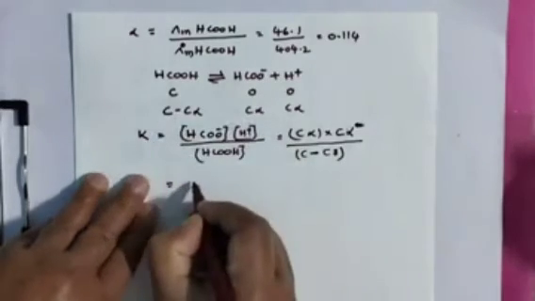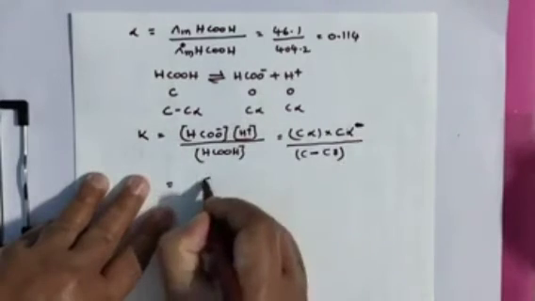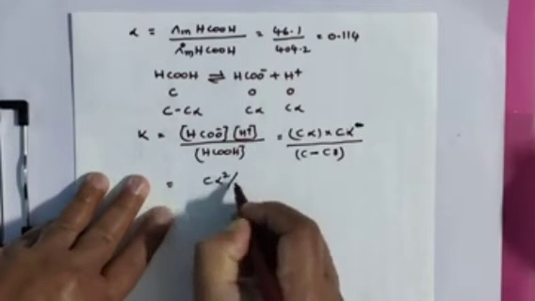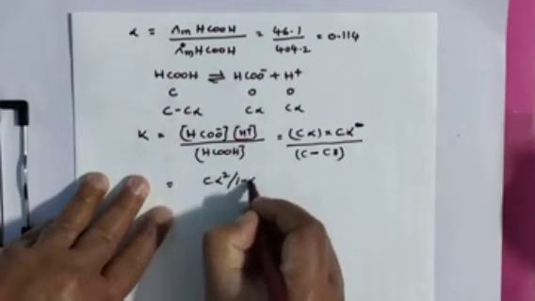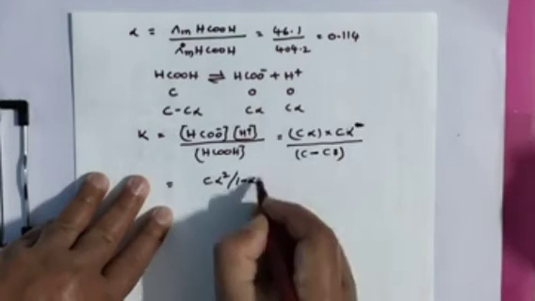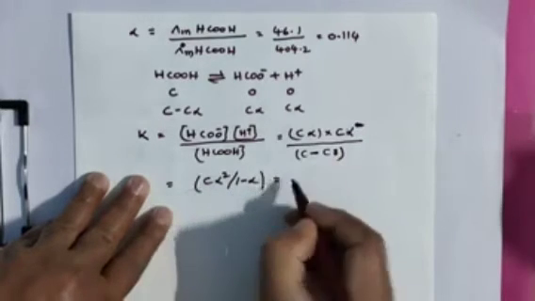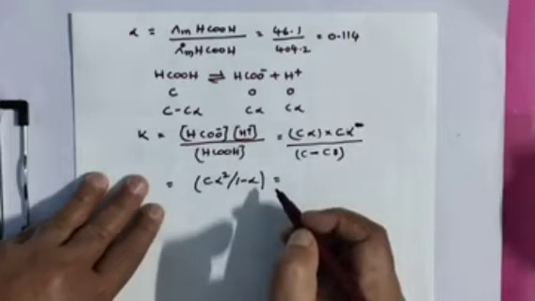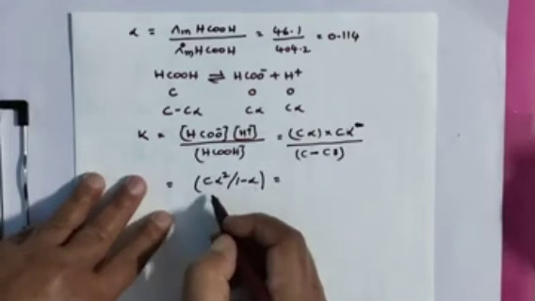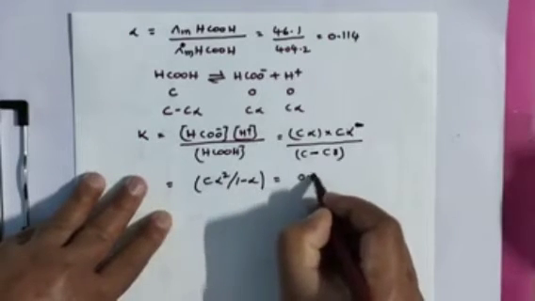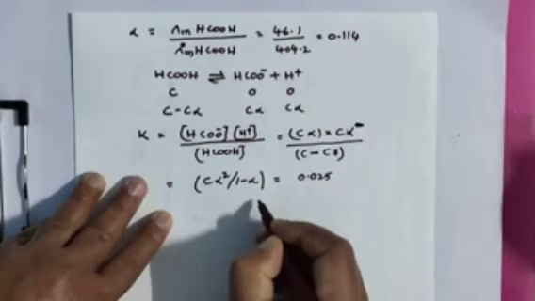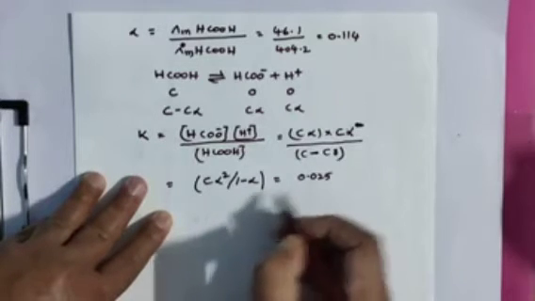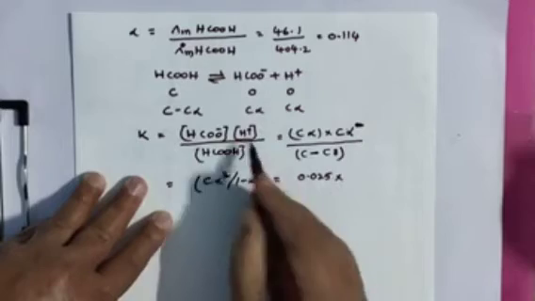That implies C alpha square upon 1 minus alpha. This is 1 minus alpha. That is equal to, if you substitute the values, 0.025 into alpha square.